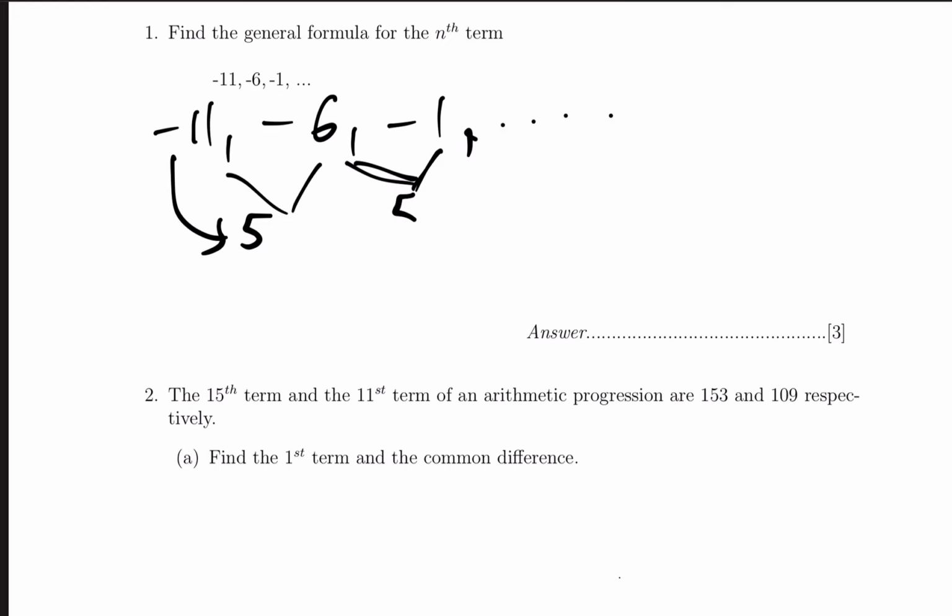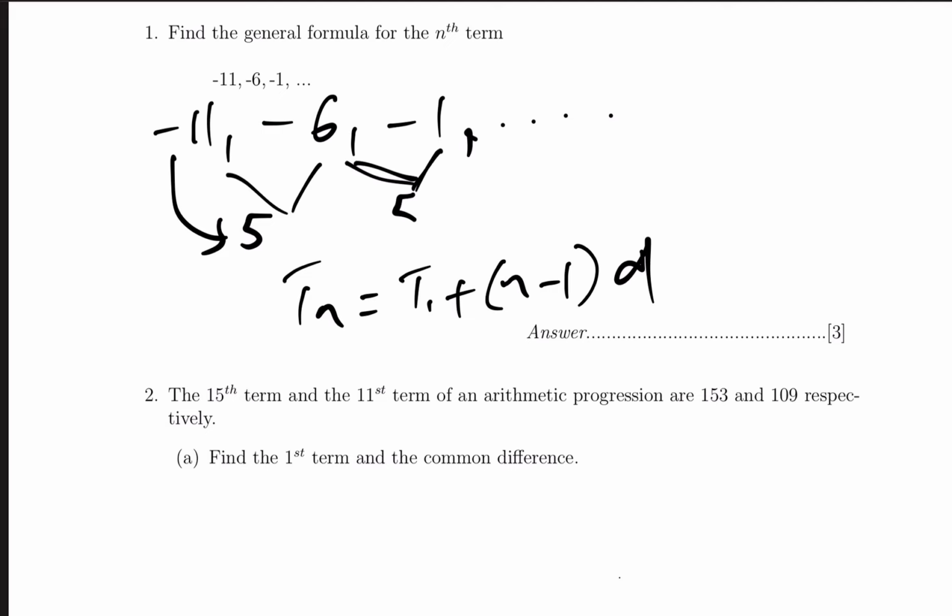To find the nth term for an arithmetic sequence, the formula is Tn is equal to T1 plus (n minus 1)d.